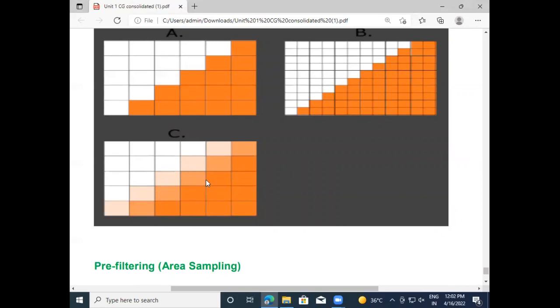So 50% of the intensity is at the center of the pixel, and all the remaining intensity is scattered. That is the technique used in post filtering, and this is the technique to reduce the aliasing effect.